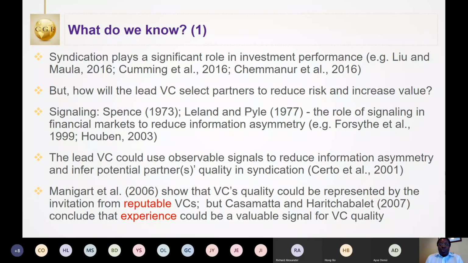Syndication alters the standard interpretations. But the question is that it is very difficult actually to choose a partner. How do you select the partners? And how will the lead venture capital select partners in order to be able to reduce risk and enhance value?